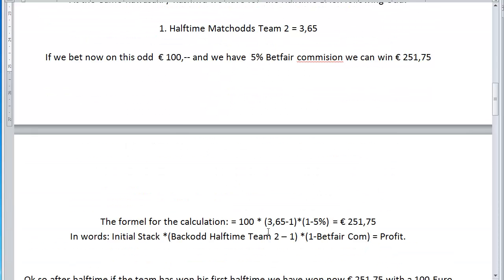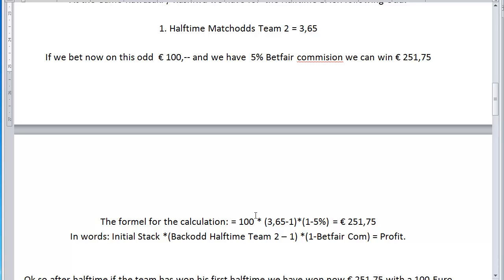The formula for this calculation is 100, our initial stake, multiplied by the back odd of halftime team 2, 3.65 that Kashiwa will win the halftime, minus 1, multiplied by 1 minus the Betfair commission, which gives our net profit of 251.75.